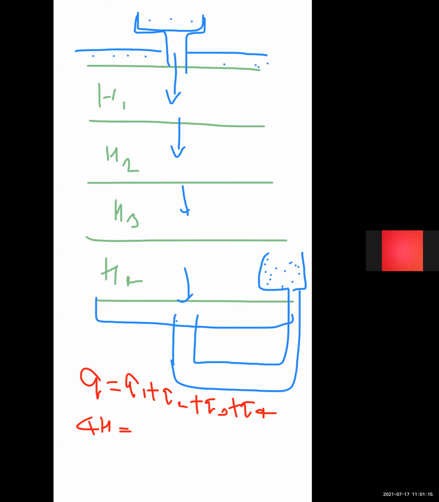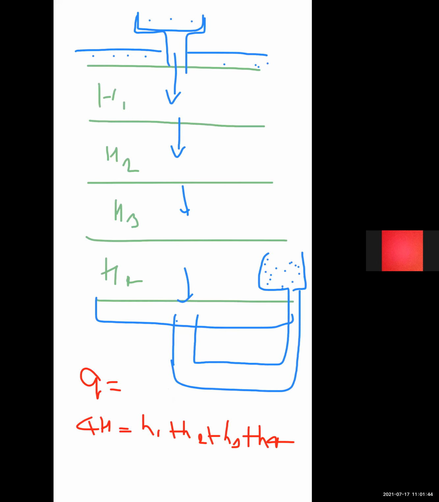So total head difference is the head difference in the first layer plus the second layer plus the third layer plus the fourth layer. So discharge is equal in all layers and head difference is H1 plus H2 plus H3 plus H4 and so on.